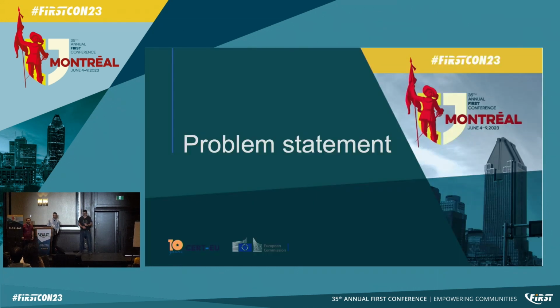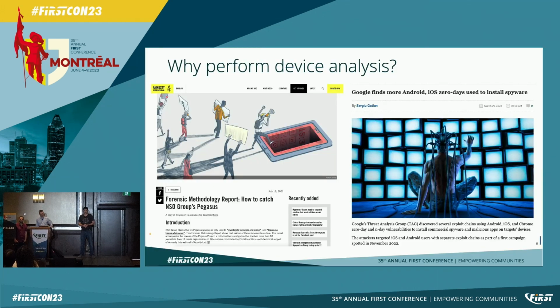So, the problem statement, as we explained. We actually started before Pegasus, another nasty malware that was found on iOS, with the question I already explained: how can we check the integrity of a device without jailbreaking it, and ideally without having to capture user data as well.